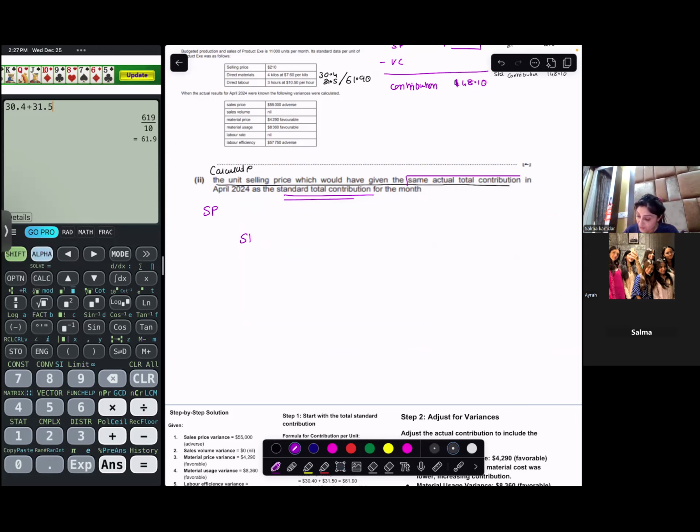So my standard variable cost is how much? 61.90. I have to adjust the variances so that I get my actual variable cost. So what are the variances given to me?